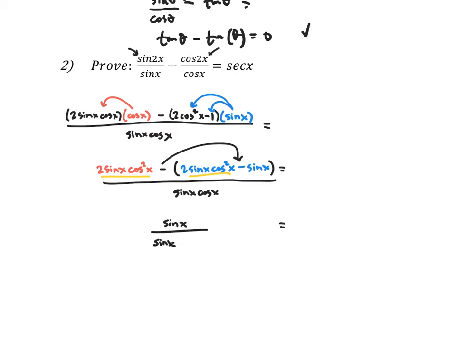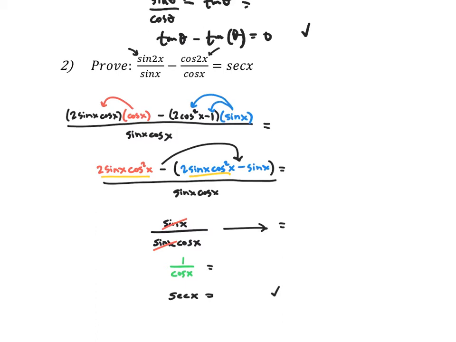So I'll get sine x over sine x cosine x. Sine x is reduced, so I am left with 1 over cosine x. And 1 over cosine x, folks, is equal to the secant of x. We're good. We verified that.